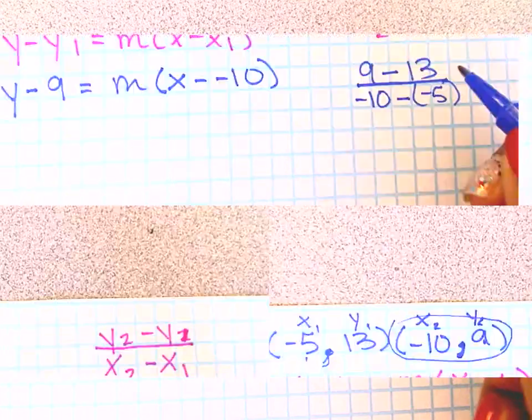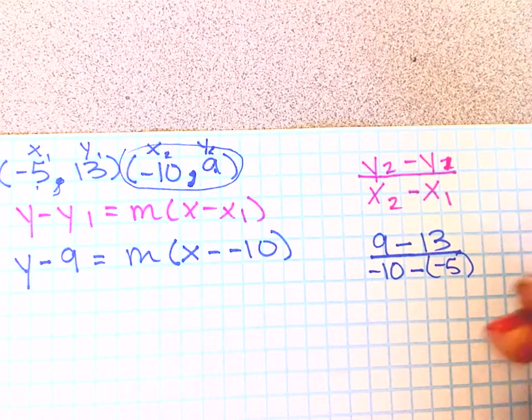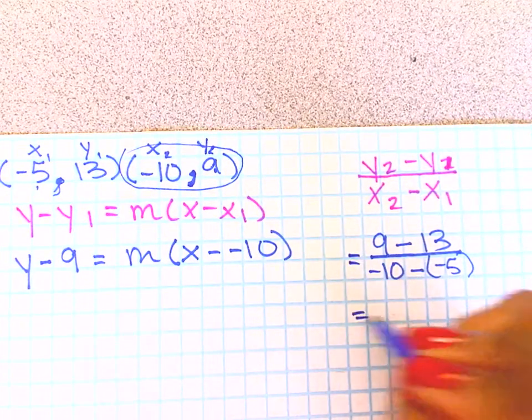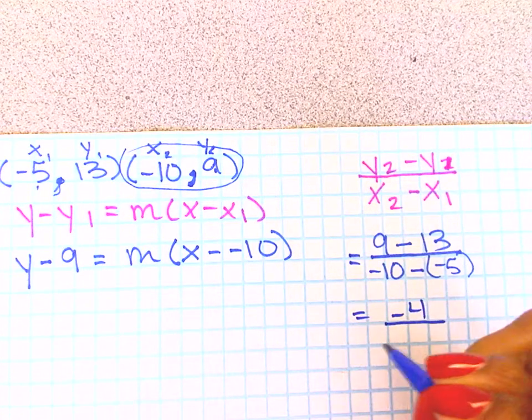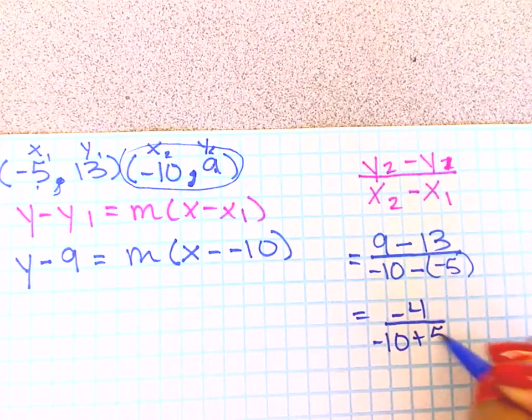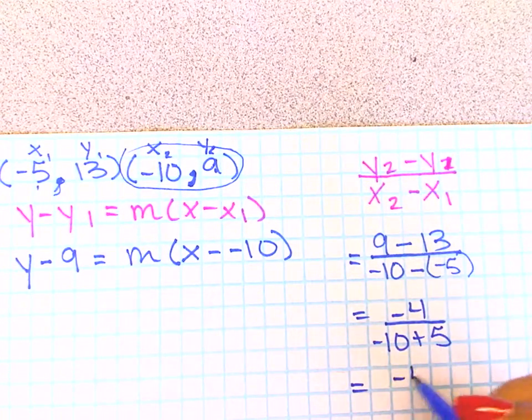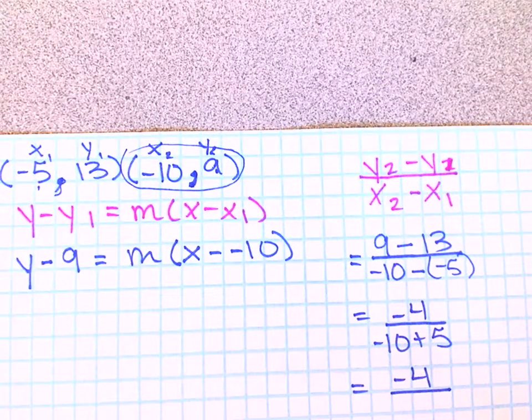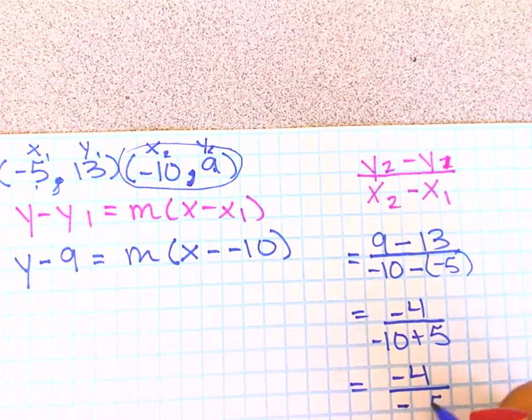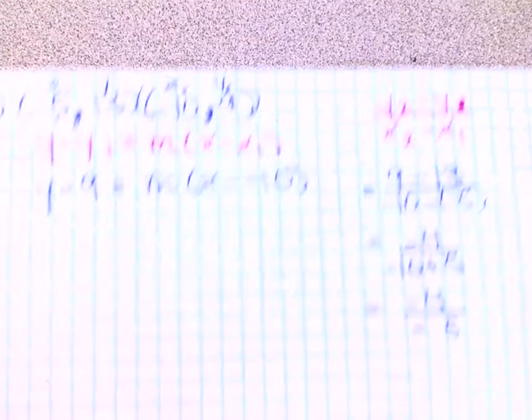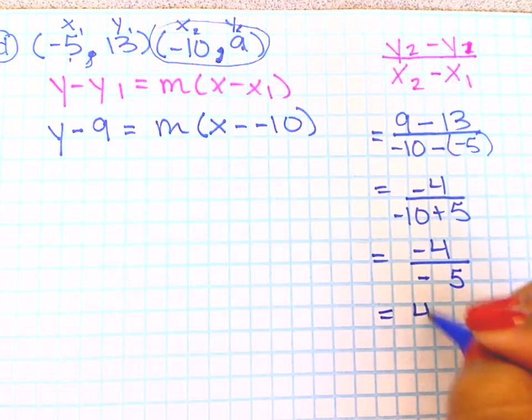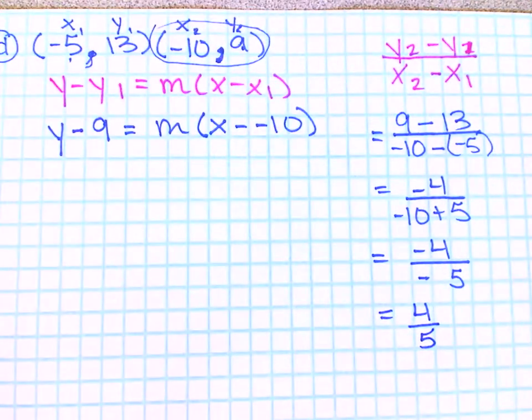So I have 9 minus 13, which gives me a negative 4, over negative 10 plus 5. Negative 10 plus 5 is negative 5. Negative 4 over negative 5 is positive 4/5. When you divide a negative by a negative, it's a positive, like Mr. T, right? Remember that?